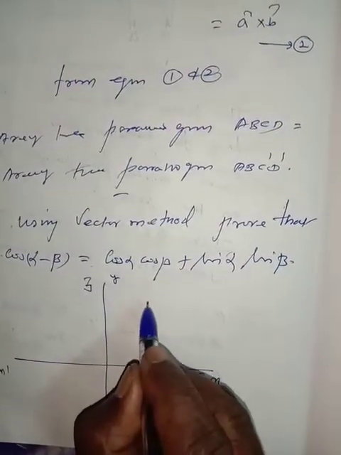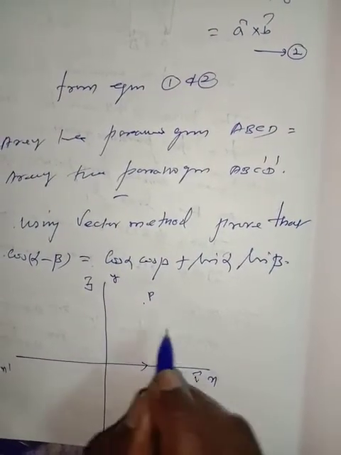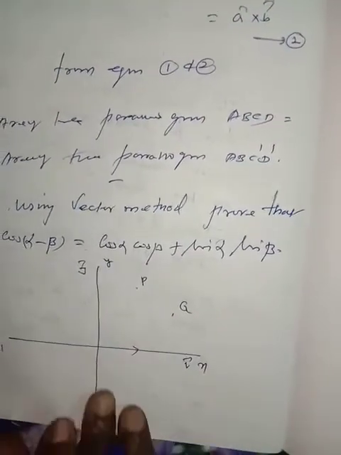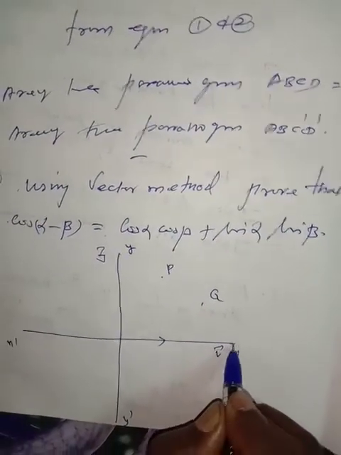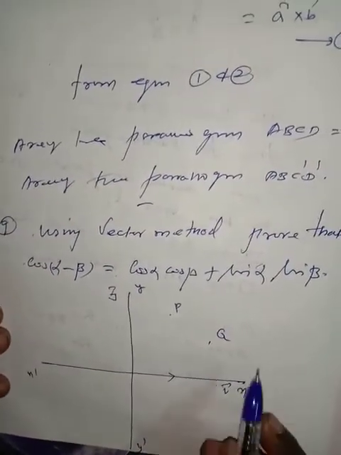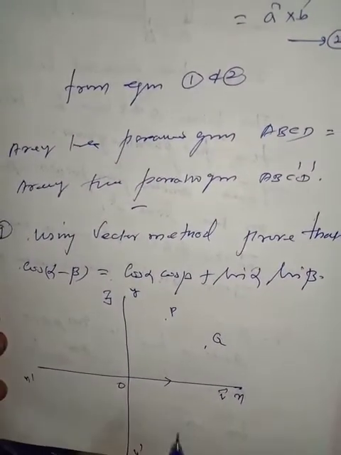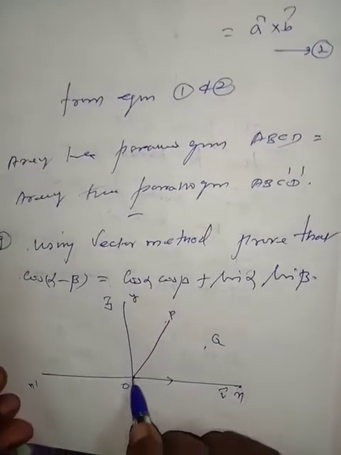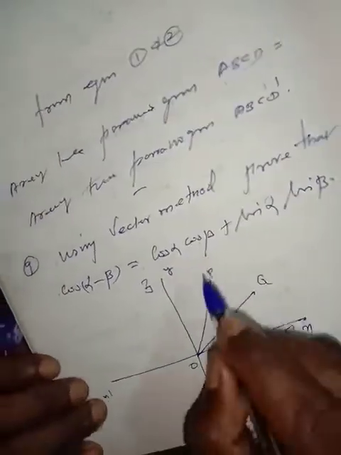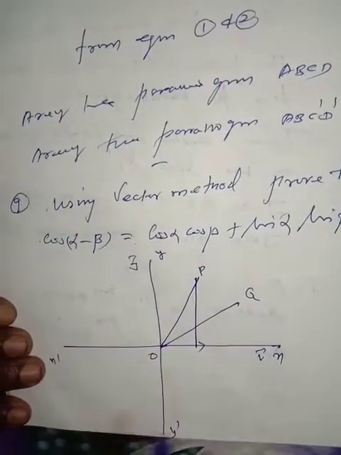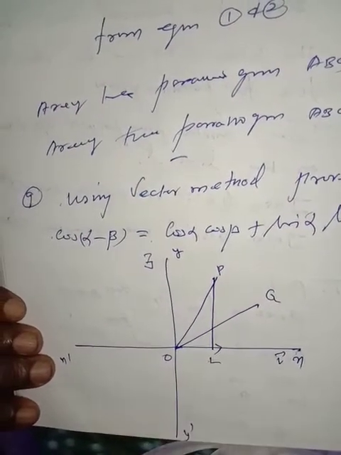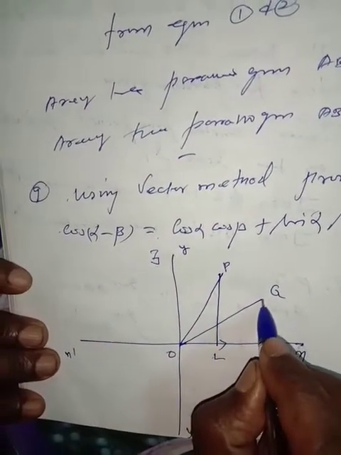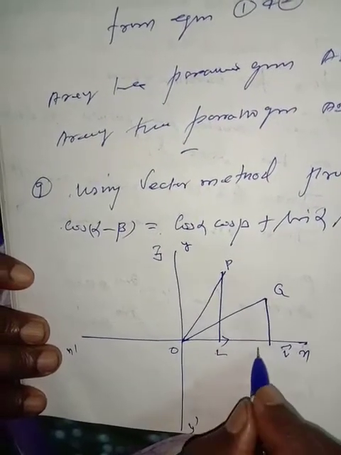Take 2 points P and Q on the first quadrant of the XO, X', here O. Now join OP, join OQ, draw PL perpendicular to x axis at L. Draw another perpendicular line from Q to x axis at M.